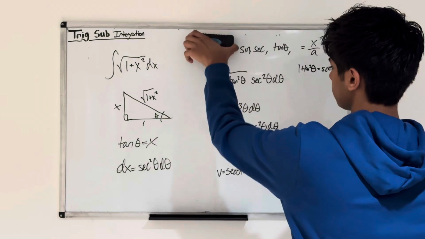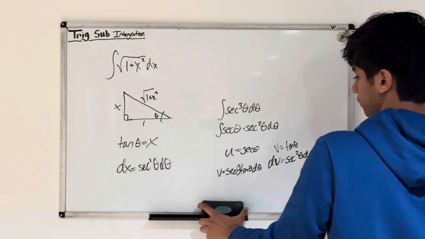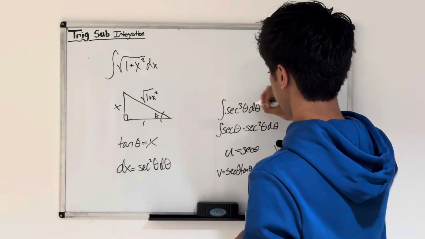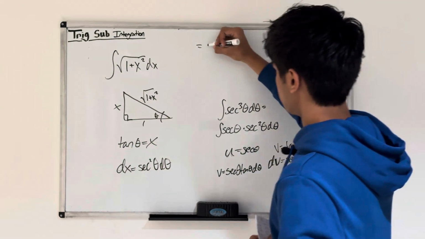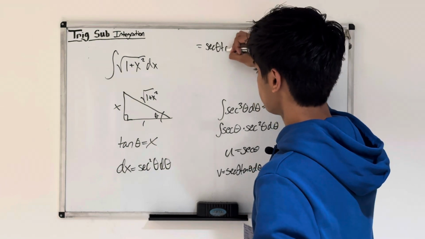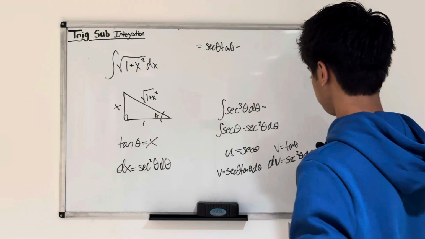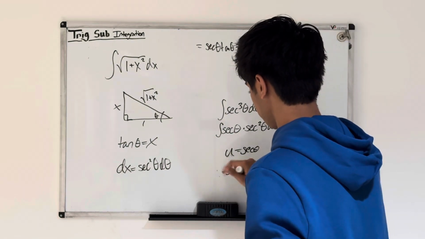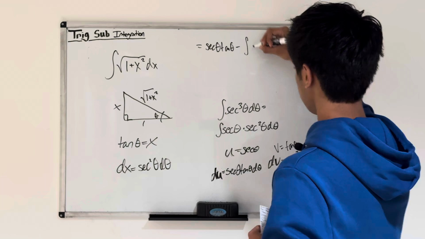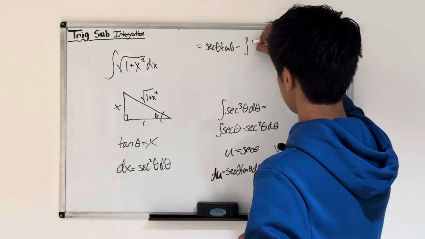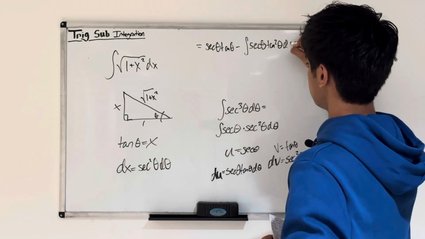So we know that the integral of secant theta d theta equals uv, so secant theta tan theta, minus the integral of v du. So v du is tan theta times secant theta tan theta, so secant theta tan squared theta d theta.